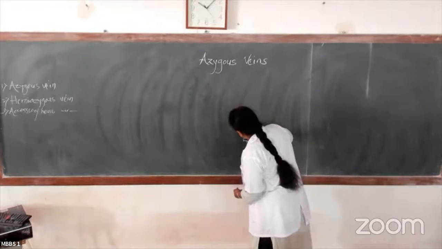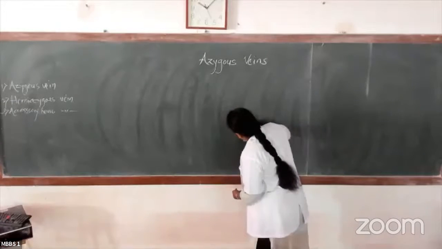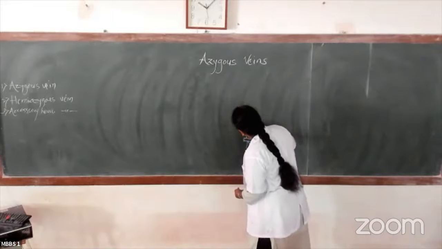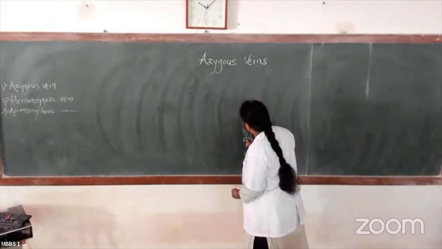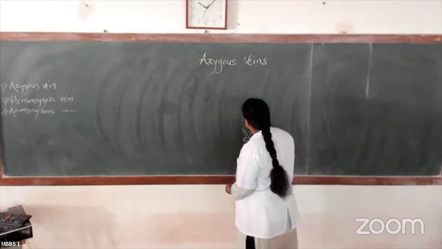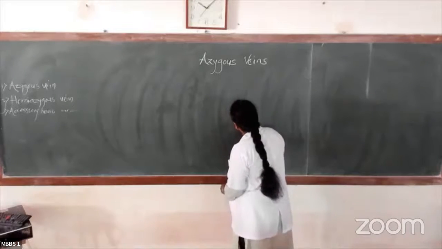So it forms behind this inferior vena cava, below or at the level of this right renal vein.